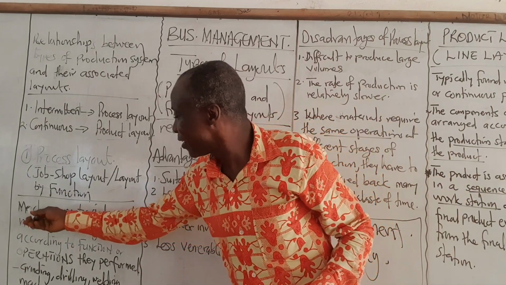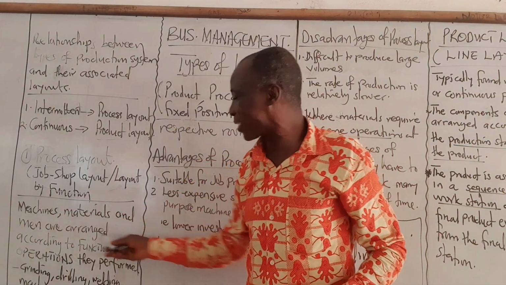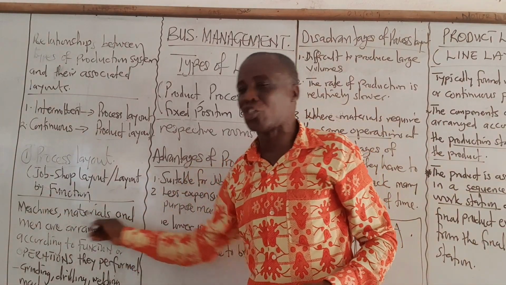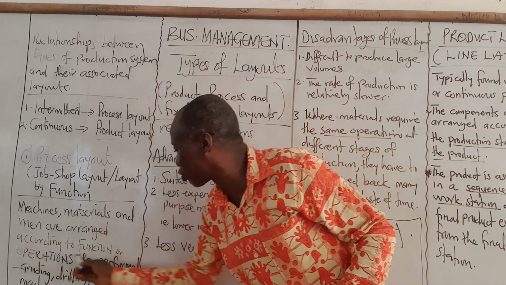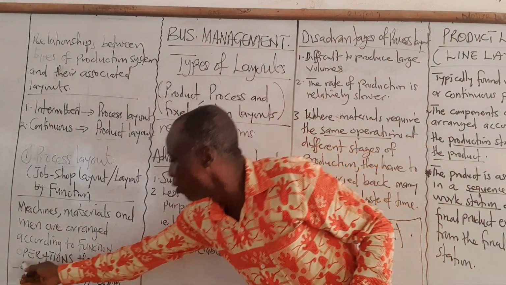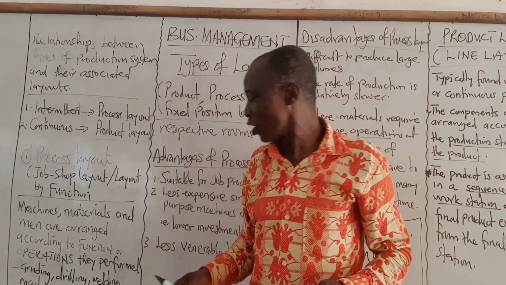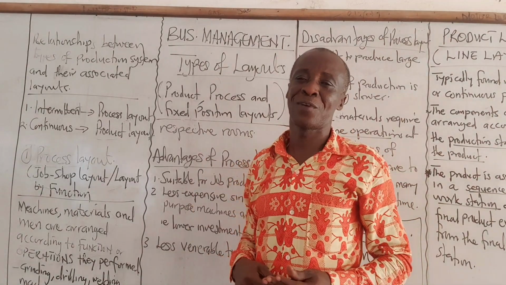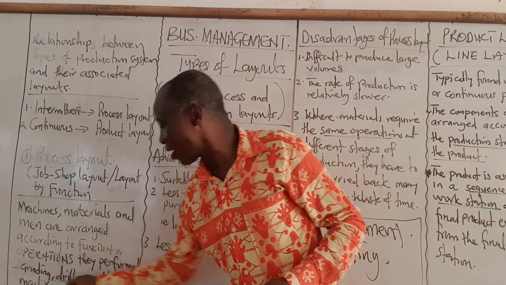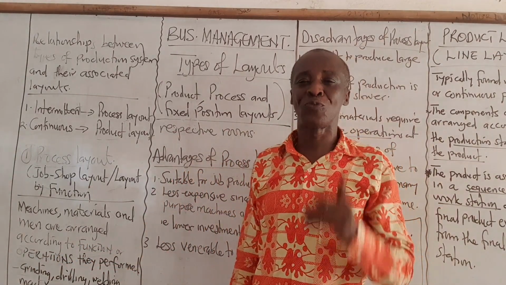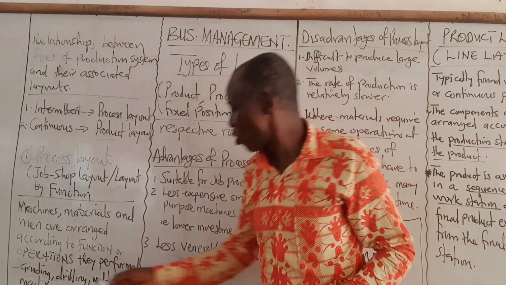So I said the machines, the materials, and men are arranged according to the function or operations they perform. I give a typical example here. All grinding machines will be in one grinding room.